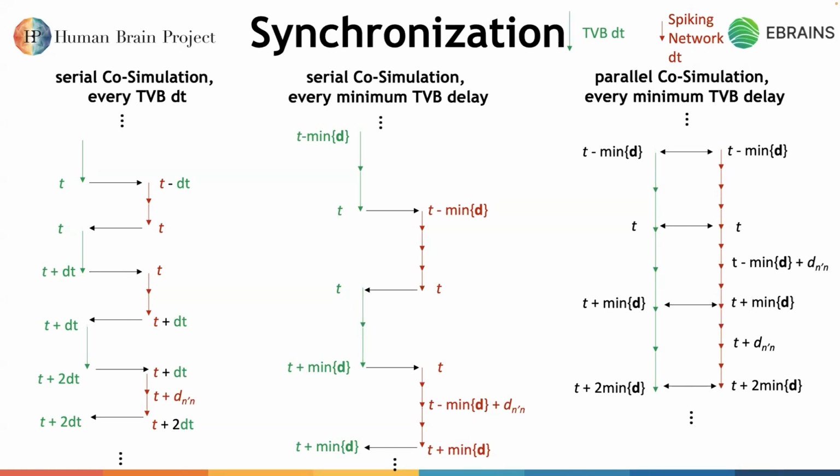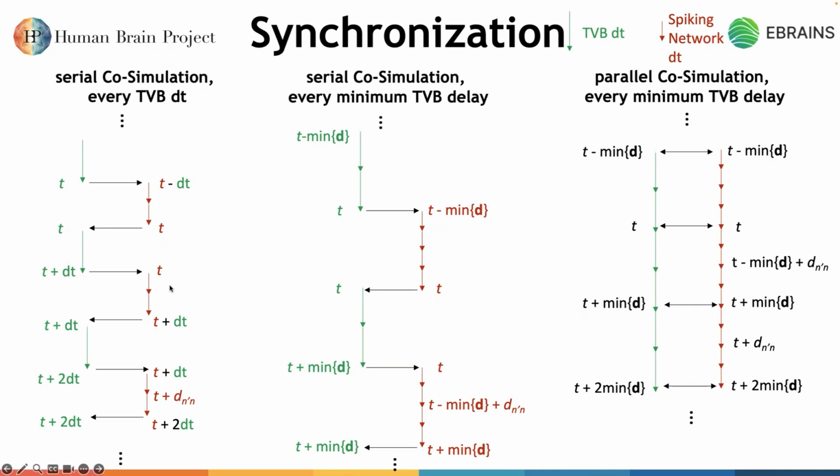Another important issue is that, as you see, we need to exchange data between simulations on the two scales. And this means these exchanges have to happen at specific time points. There has to be synchronization between the two scales. And there we have again different options.